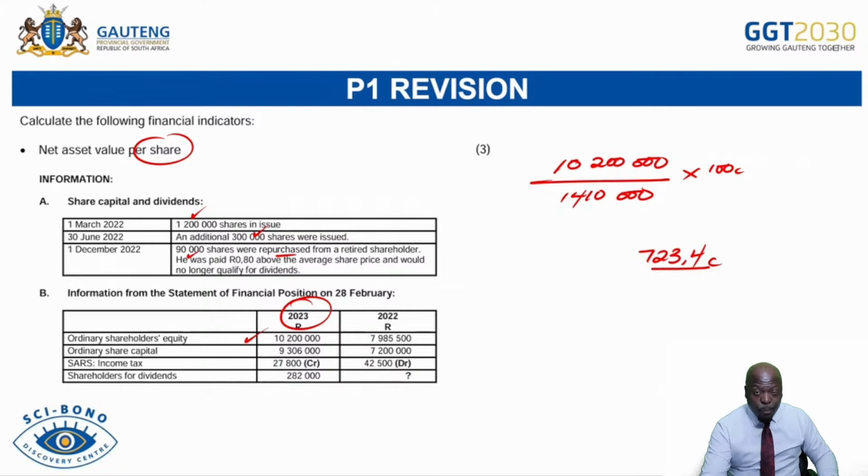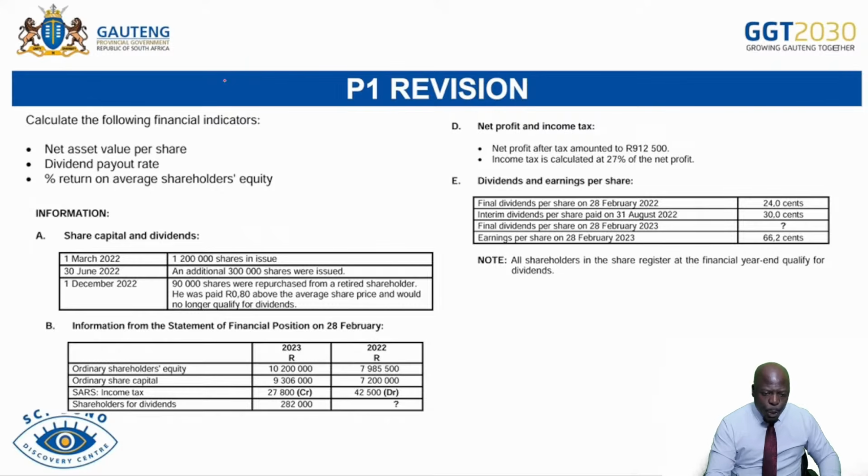Here's the next one. So we have done the NAV. We're going to calculate our dividend payout rate. All right. So our dividend payout rate, we know that it is DPS over EPS.